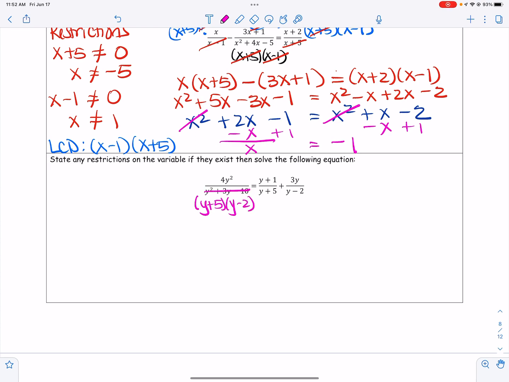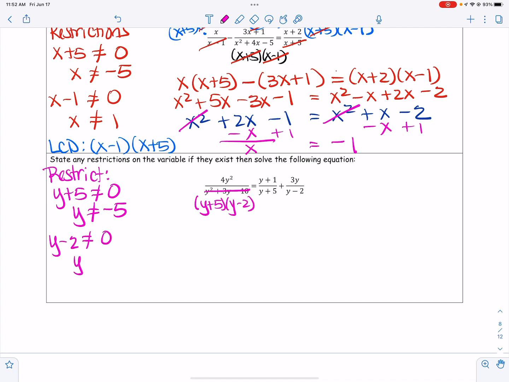Okay? All right, the last one, we've got y plus 5 times y minus 2. That's the factorization. So my restrictions, y plus 5 cannot equal 0. So y cannot be -5. Y minus 2 cannot equal 0. So y cannot be 2.